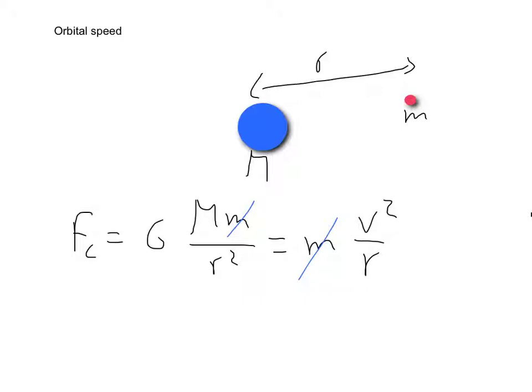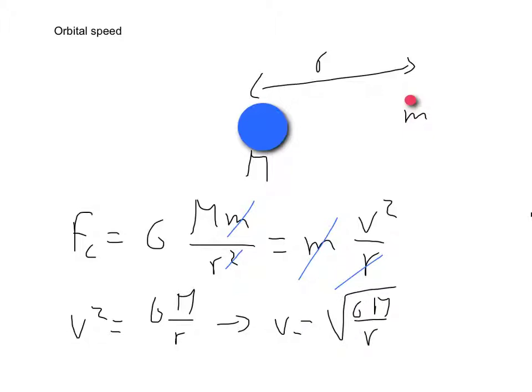Okay, now since I'm interested in the orbital speed, all I need to do is isolate v. And again, I get, well, first thing, these r and this squared go, so out. And finally then, I get that v squared equals GM over r, and therefore v equals the square root of GM over r.